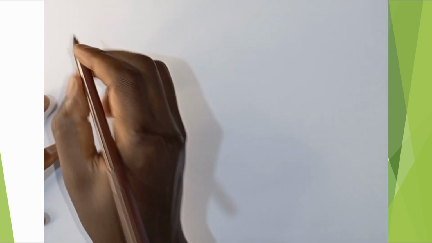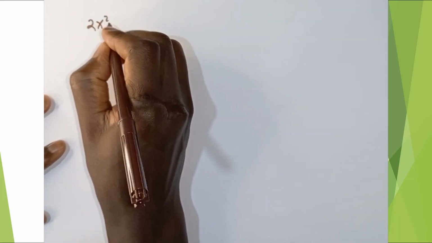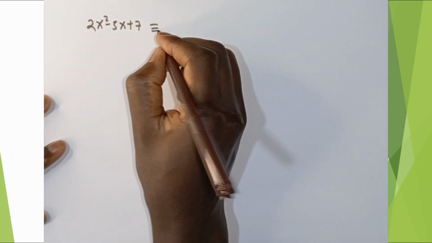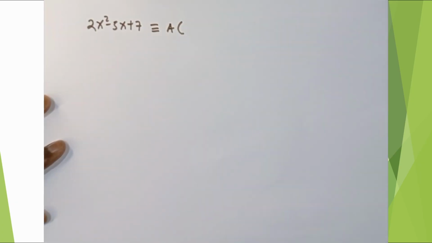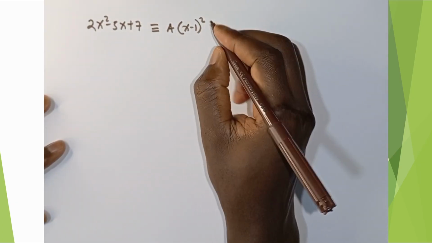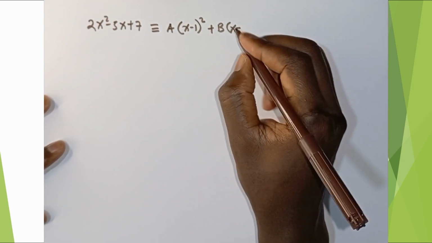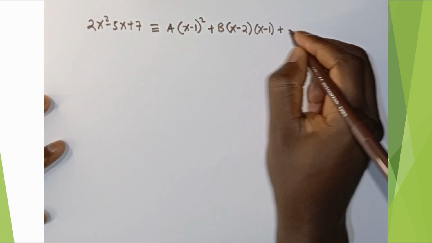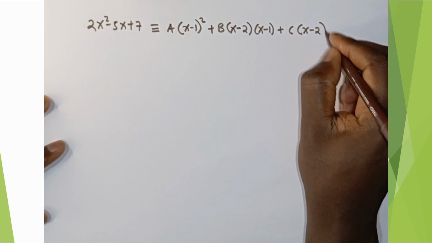Now if we rewrite it, we shall have 2x squared minus 5x plus 7 is identically equal to a into x minus 1 squared plus b into x minus 2 into x minus 1 plus c into x minus 2.